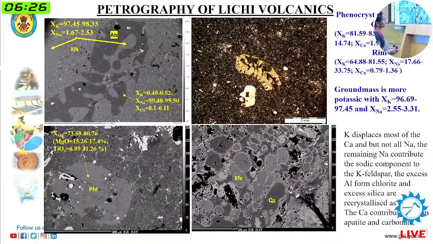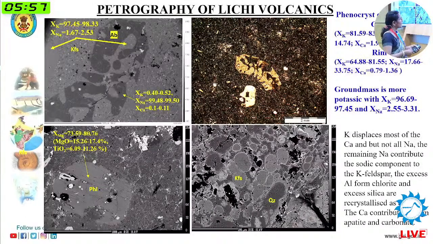So when we carried out the mineral chemistry or EPMA analysis of this, you can see this is albitic. Maybe earlier this was a Ca-rich plagioclase, but now it is albitic, and the Na you can see is 99%, whereas the groundmass is potassic, 97% to 98% potassic material.